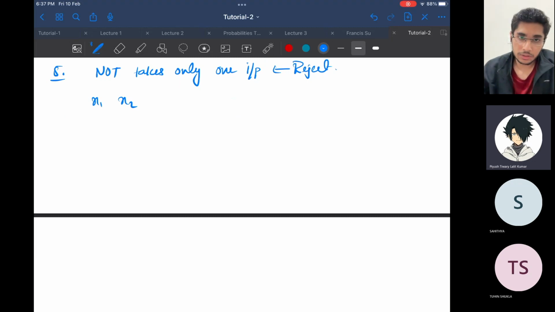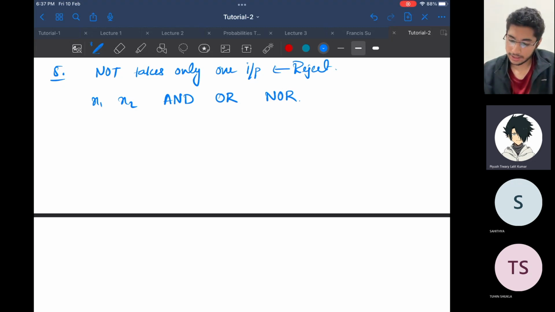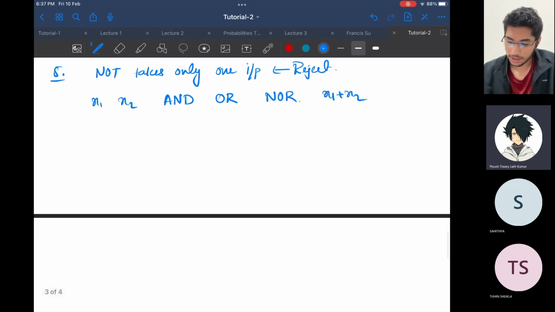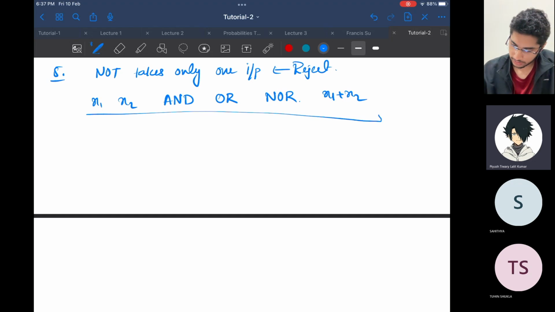Then you have been given the AND function, OR function, and NOR function. Since the MP neuron aggregates the inputs, let us also write what x1 plus x2 is, so that we are clear what the aggregator function is going to be.